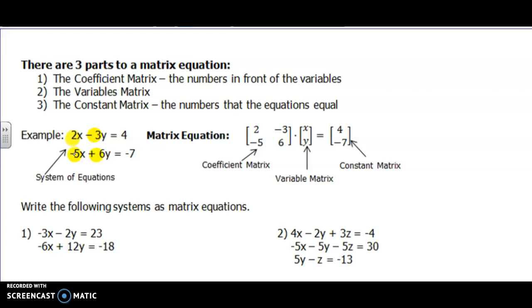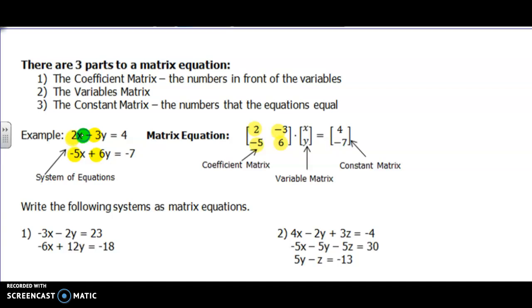And just like 2x minus 3y is one equation, those go straight across here together in the first matrix. And then underneath them are the coefficients -5 and this +6. So you basically just imagine that the x and the y aren't there and they're removed. And you would have 2 and -3 across the top, and you would have -5 and 6 across the bottom. So that would make what we call the coefficient matrix.